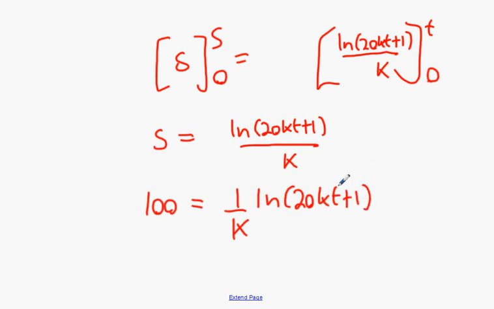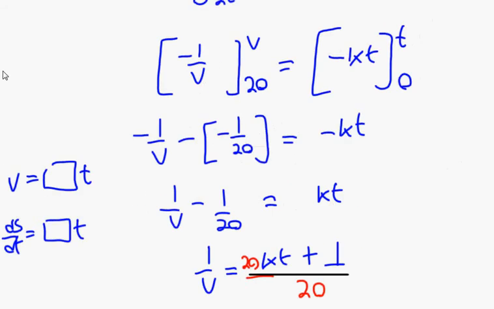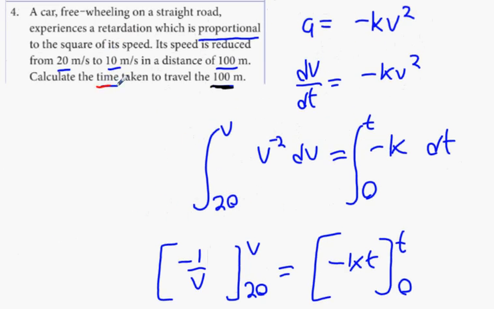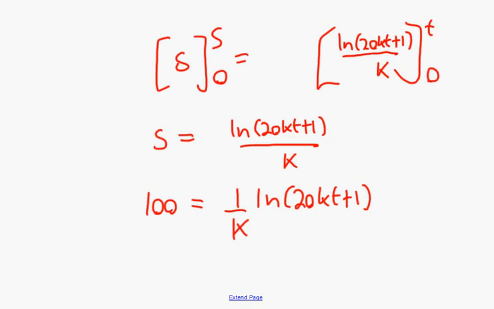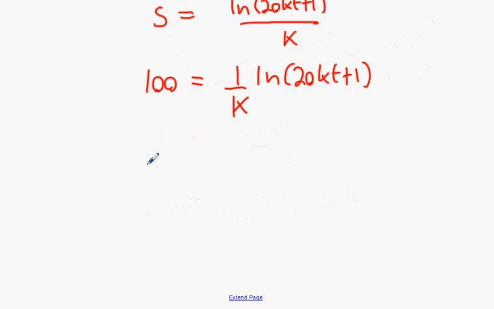We're now going to isolate t, because the whole point of the question is to calculate the time taken to be 100 meters. Now there's a trick in this, guys. What we're going to do is this. 100k equals ln of 20kt plus 1. It's log to the base e.